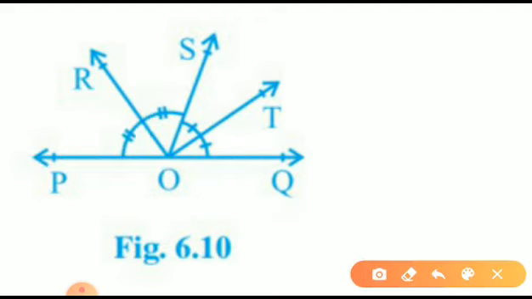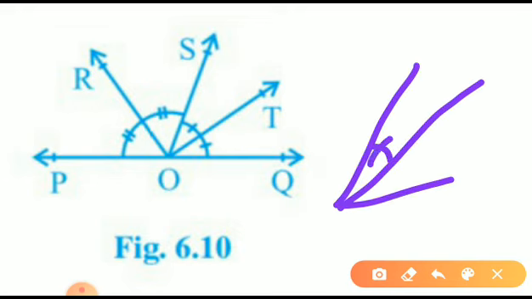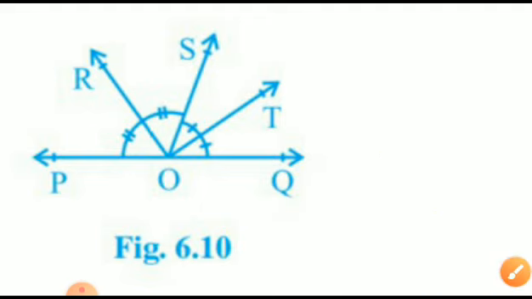Now, whenever it is shown like this, if I have drawn here and I have shown like this and this, that means these two angles are equal. Now in this figure, which pairs are equal? Can I say POR and ROS are equal angles, because I have shown them with the same sign.